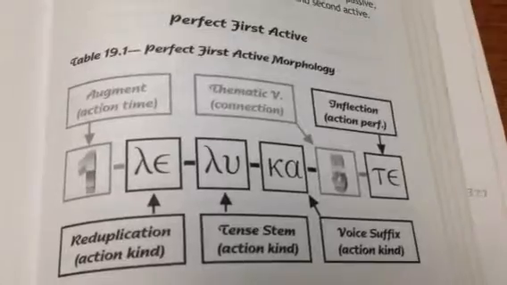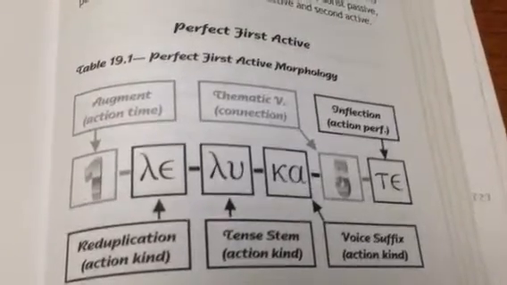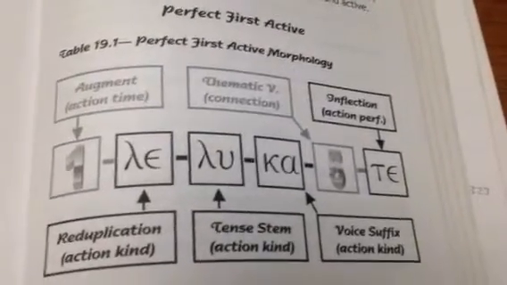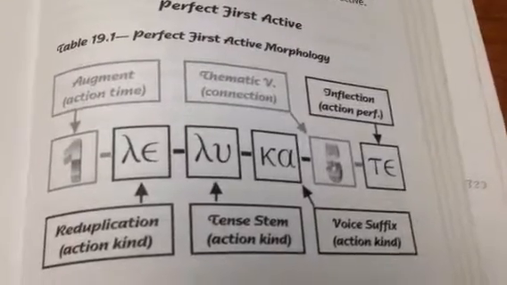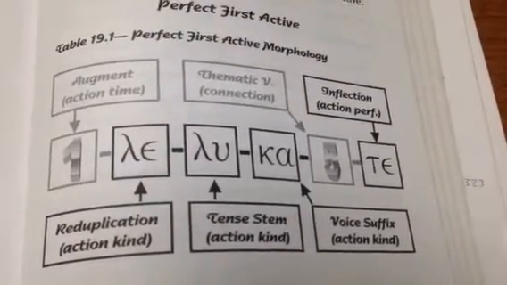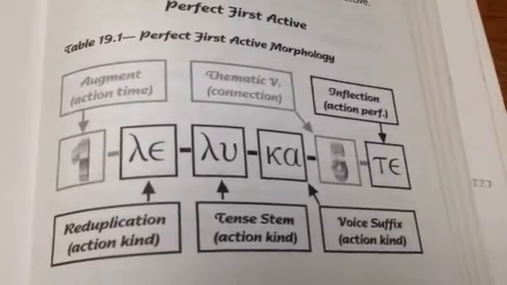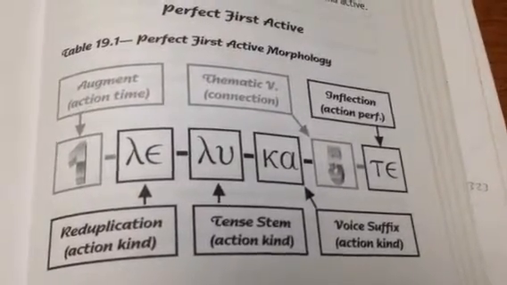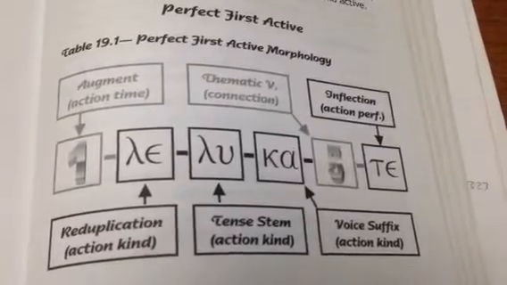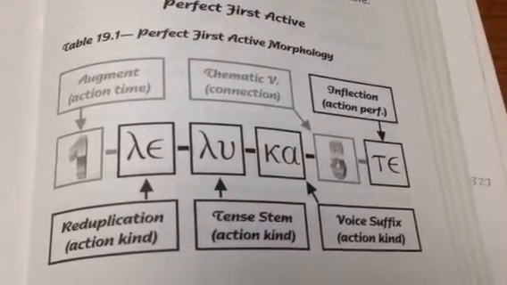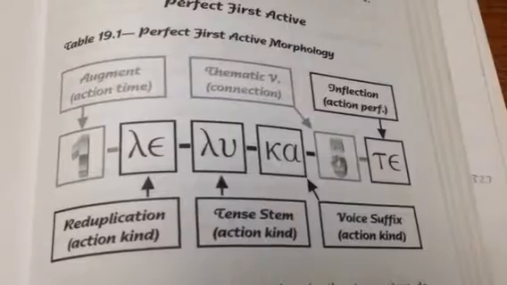So first of all, the perfect first active form. Because we are not really dealing with a common past tense form, we do not employ the augment, but we now see for the very first time box number 2, which is what we call reduplication.